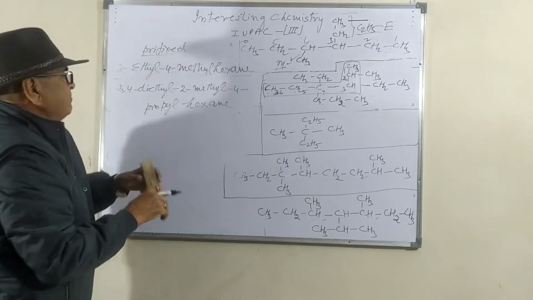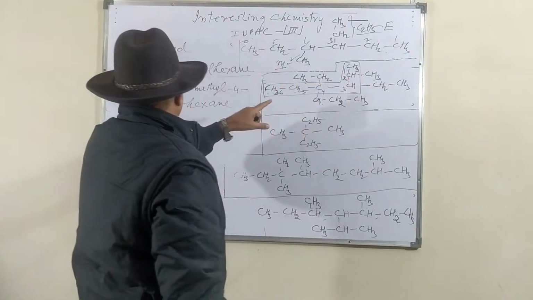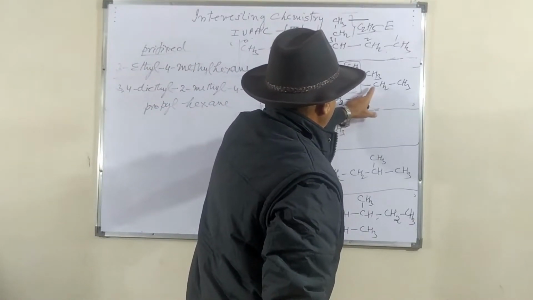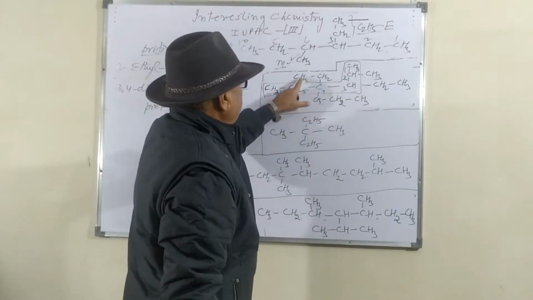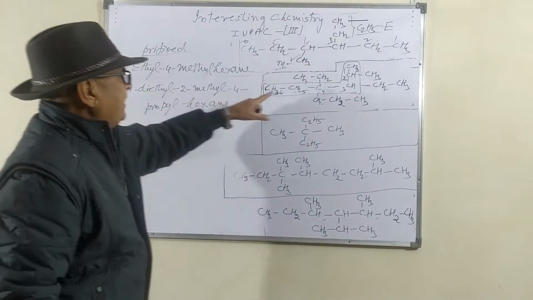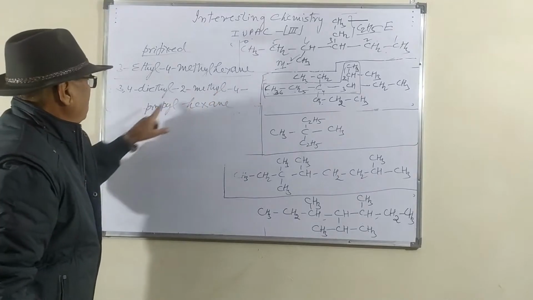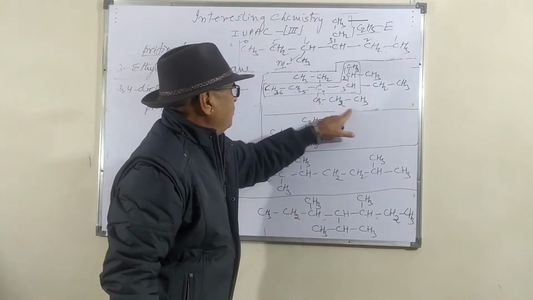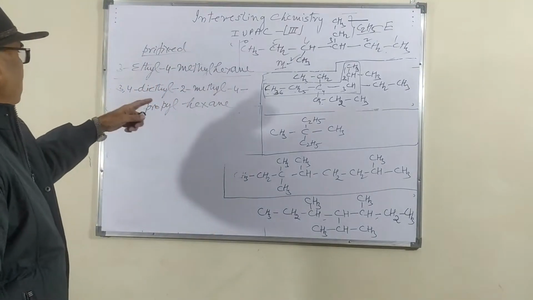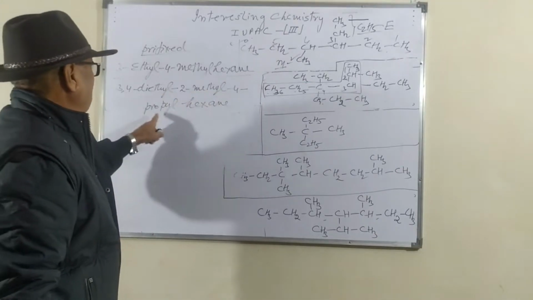The name of this compound will be 3,4-diethyl, 2-methyl and 4-propyl hexane.